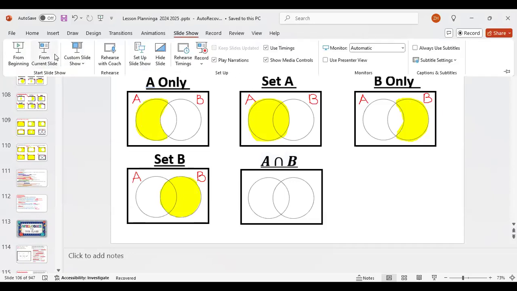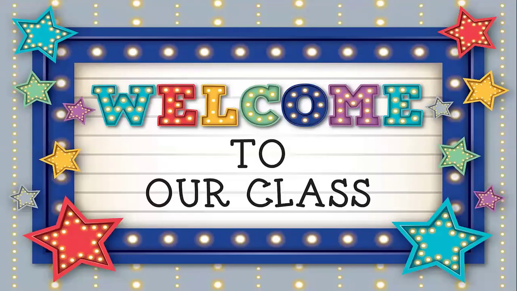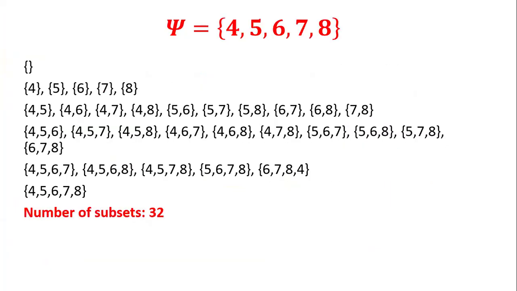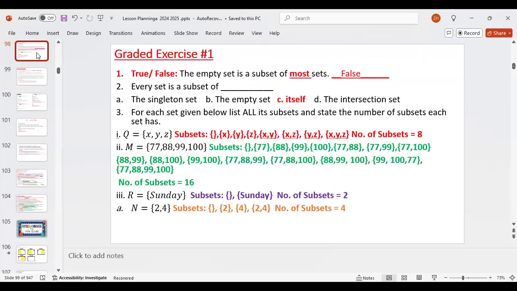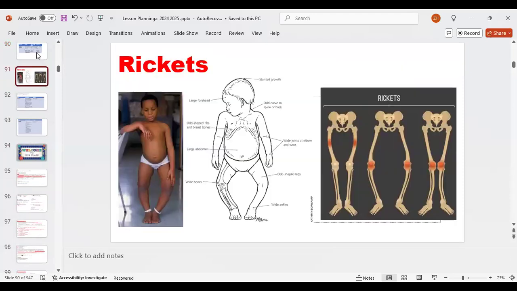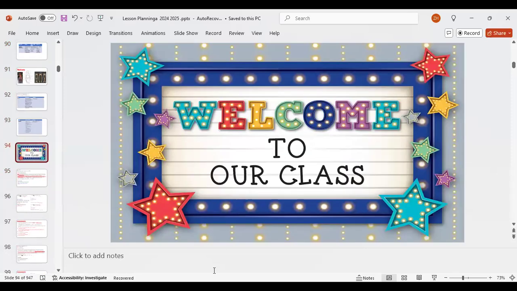In the middle. Just the middle section only. Okay, wrong diagram. So it will be the middle, right? So just the middle section. When you're shading it in, you just want to shade the intersection. That is the middle part.